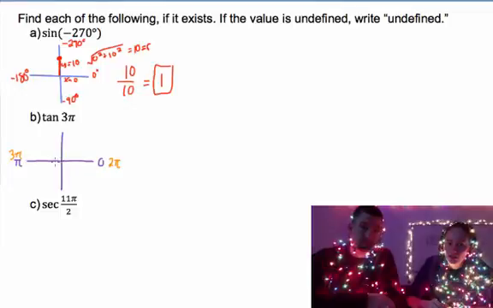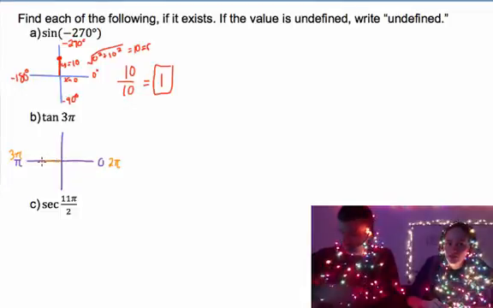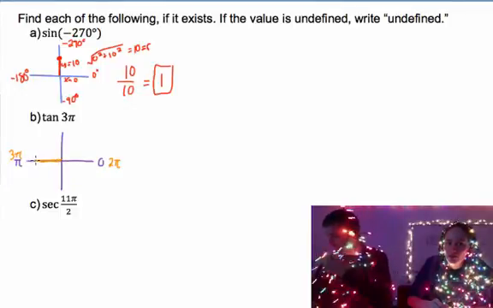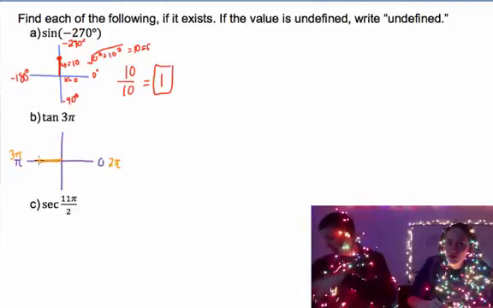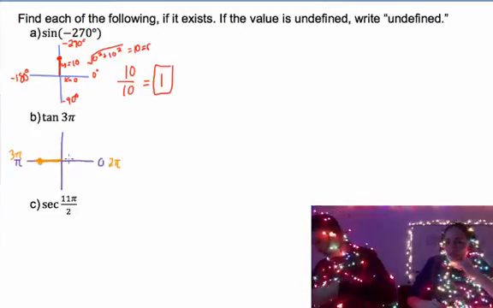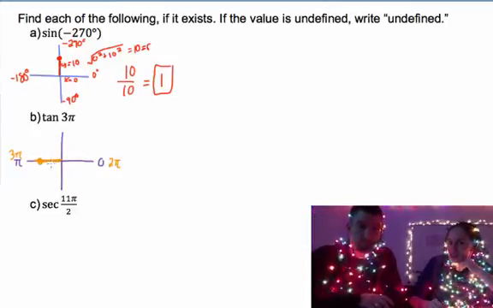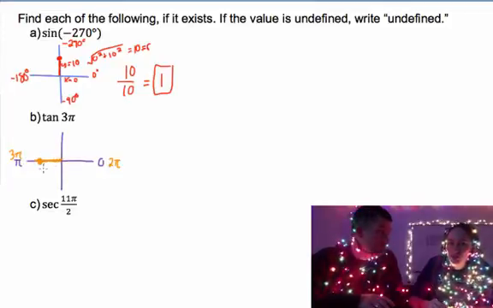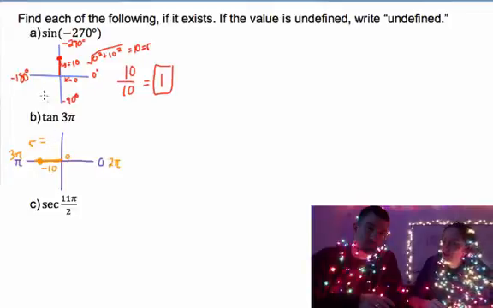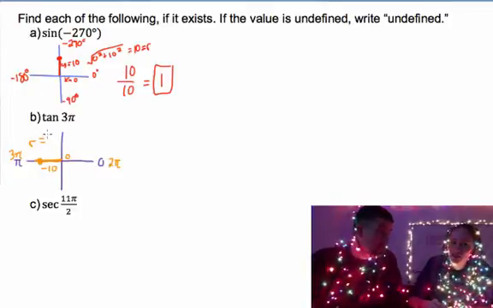So over here, we're talking about this angle that's along the x-axis in the negative direction. We can say our x here is negative 10, and we went 0 for our y value. That makes r positive 10, because r has to be positive.